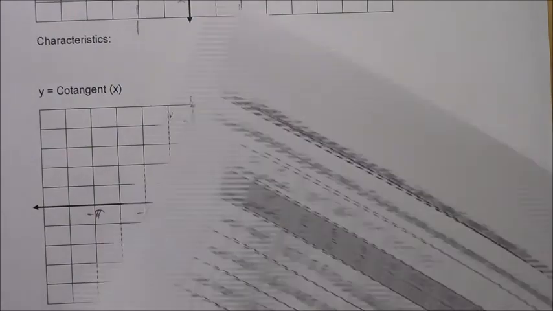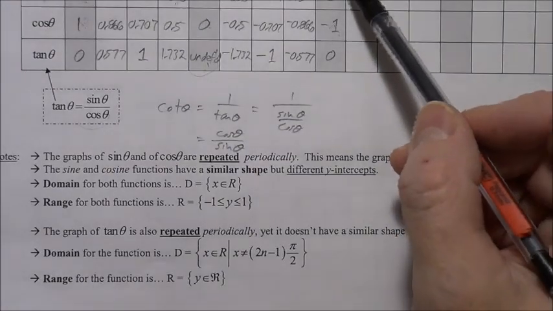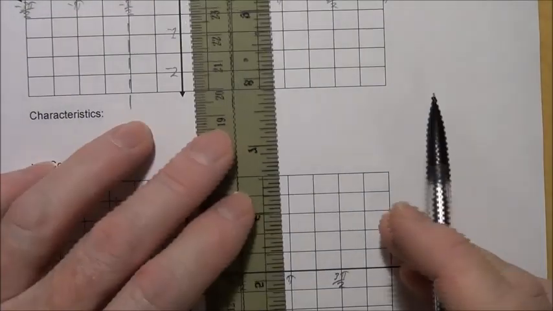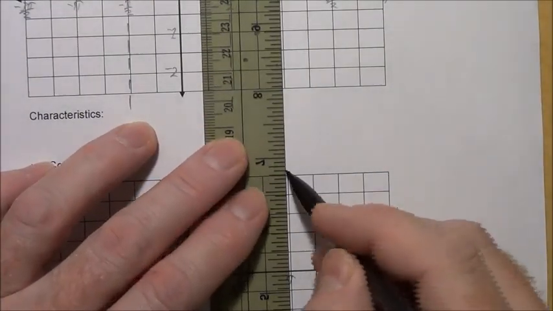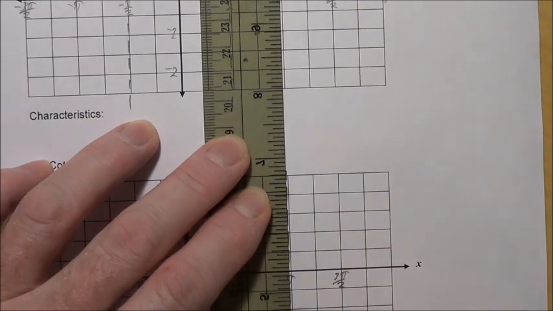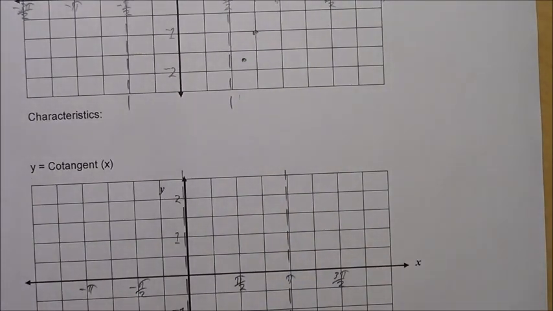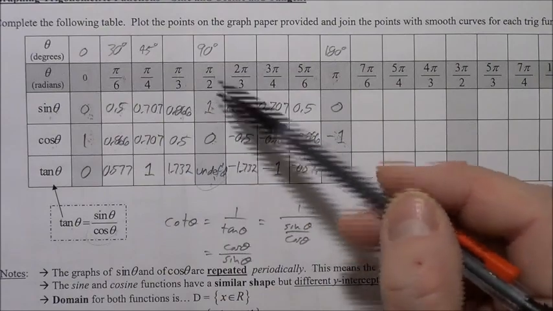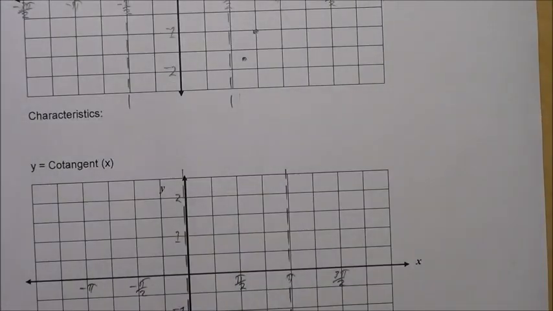When we divide at pi, again, -1 by 0, because it's cosine divided by sine, we're going to get a vertical asymptote here at pi. And where we divide cosine by sine here, 0 divided by 1, at pi by 2 it's going to be 0.